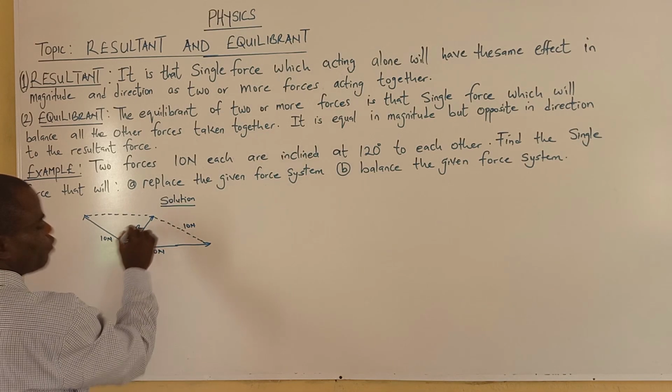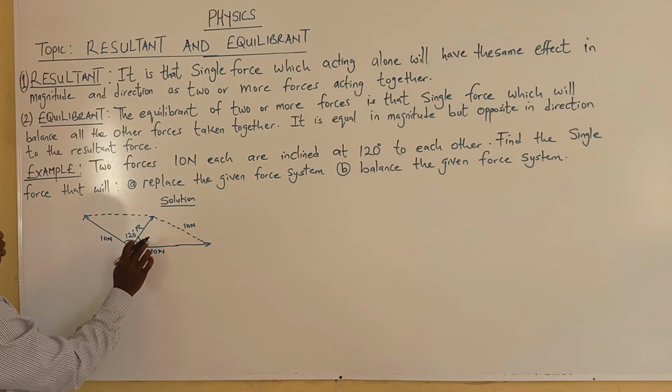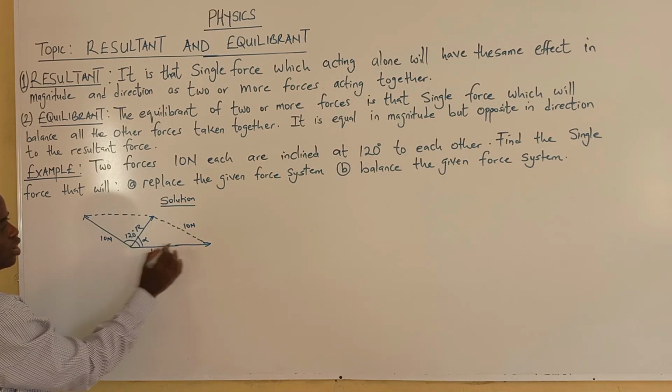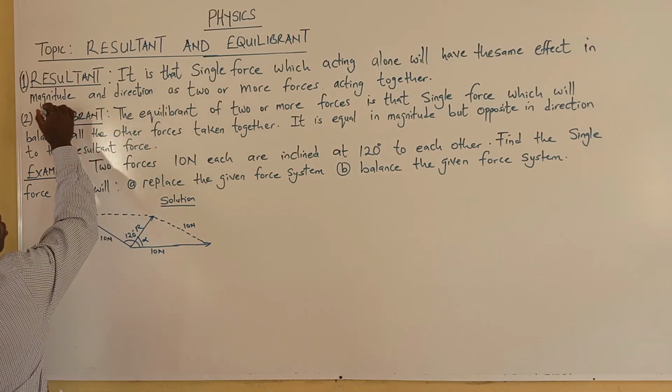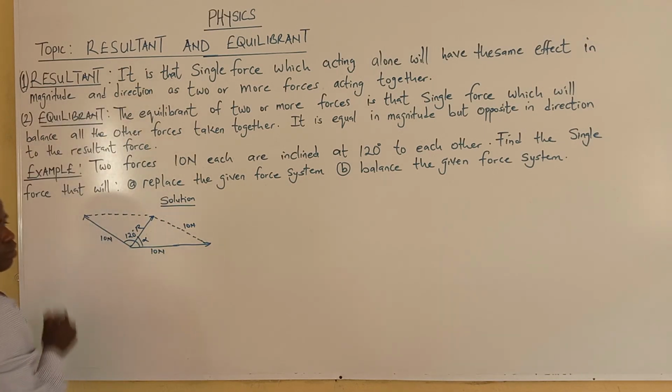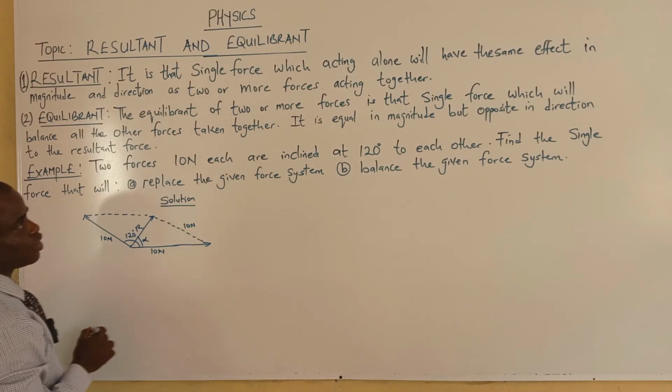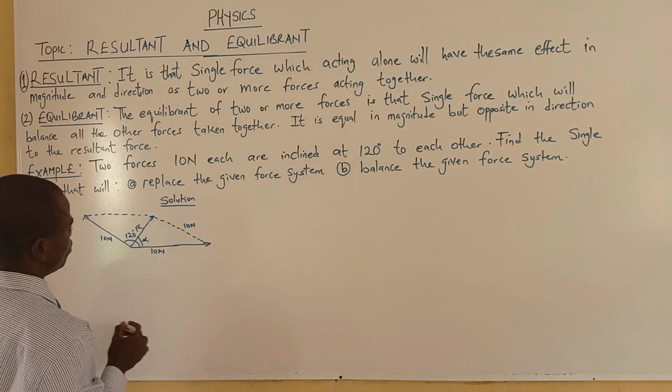When you are looking for the resultant force, you have to get the angle that the resultant makes with the horizontal to get your direction, because we are referring to magnitude and direction as the definition of the resultant force.